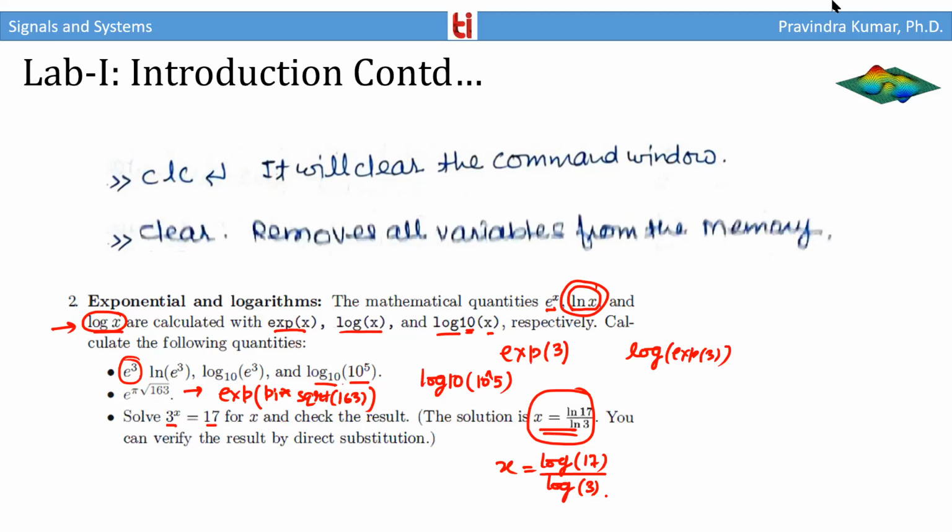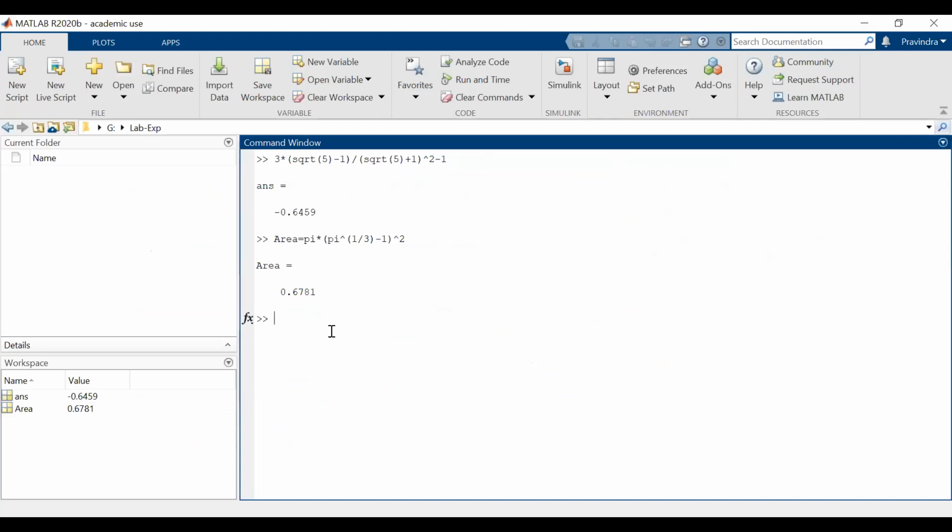Just like here, the first question was e to the power 3. So exp, with variable 3. You can see the answer 20.0855. Next was natural log of e to the power 3.